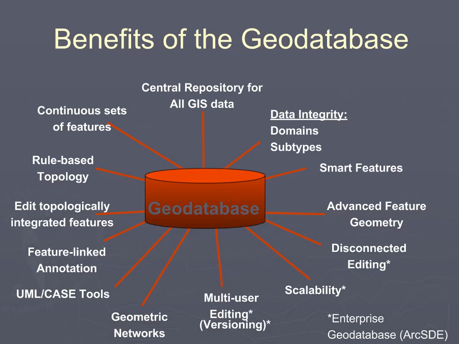You can have multiple people edit your geodatabase if you set up the appropriate type of geodatabase. You can model and design your databases using unified modeling language tools, as well as advanced functionality of linking attribute tables to annotation in a map, so that if you change an attribute table, the annotation changes in the map.